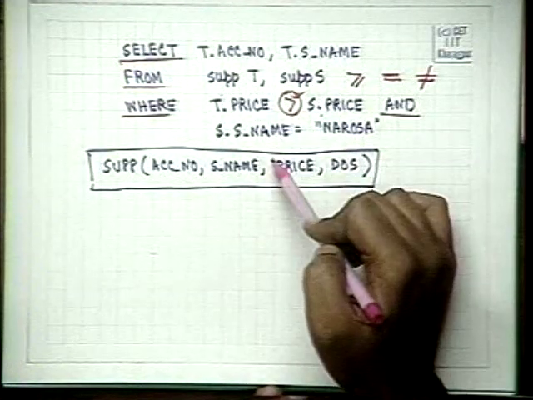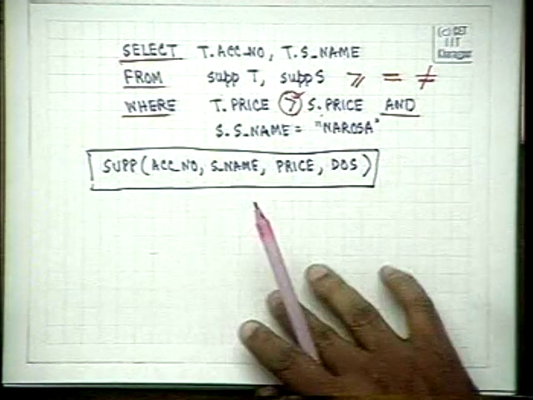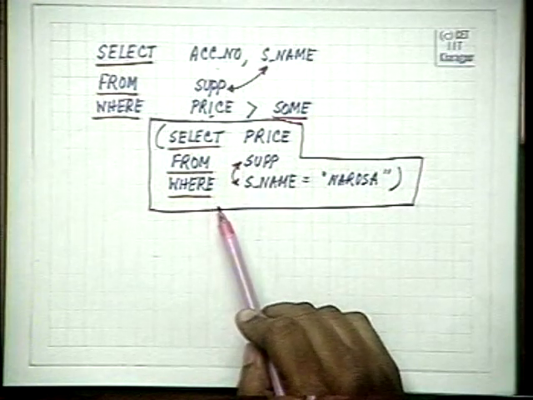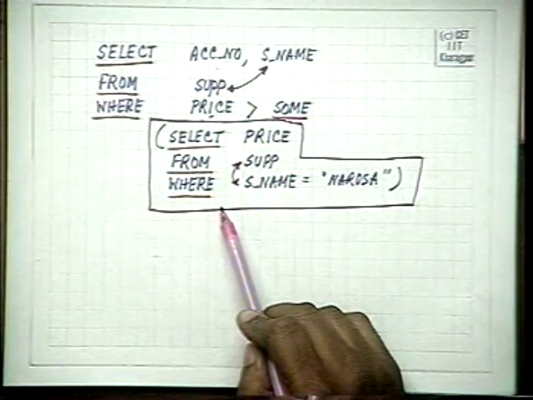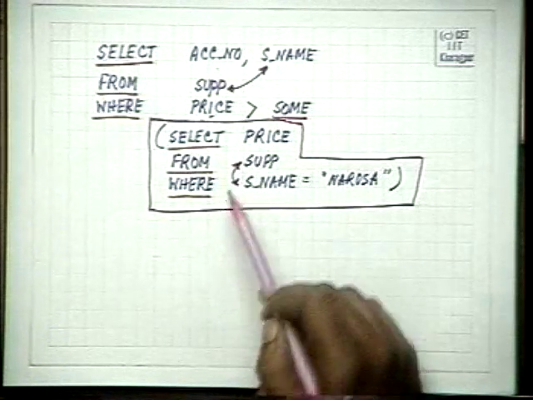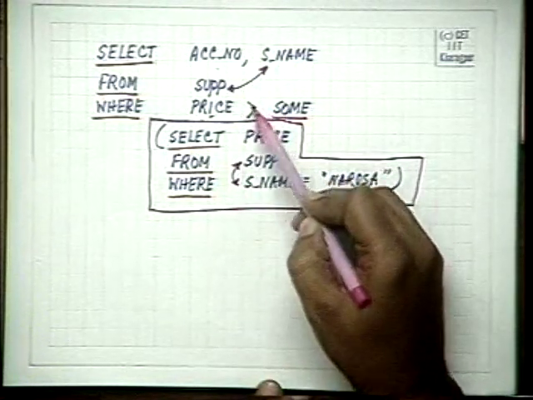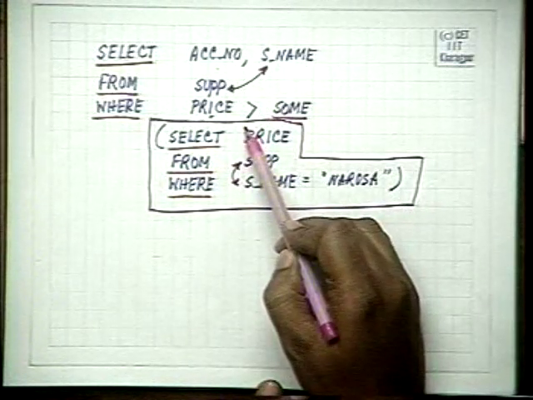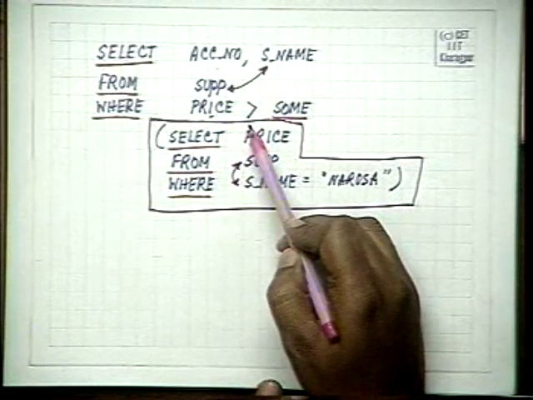This is a direct relational algebra expression. SQL provides a slightly better format to write this expression. Now here we may replace this by greater than or equal to, not equal to, etc., and get the same answer.